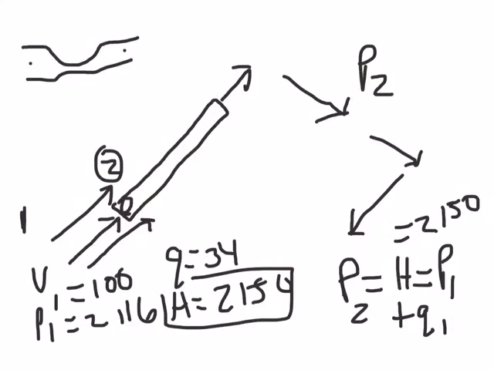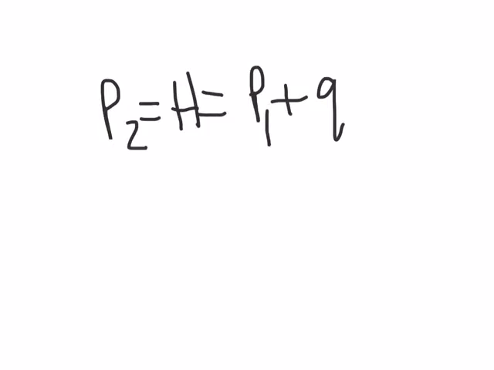So I have each here. Let's draw this again. So P2 is equal to total pressure, which is equal to the pressure at 1 plus dynamic pressure at 1, which is equal to 2,150.